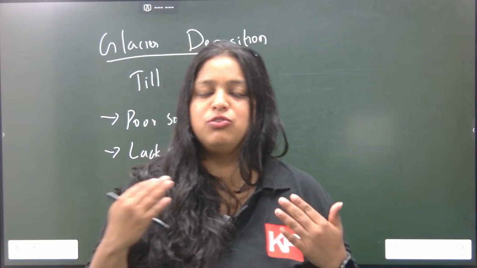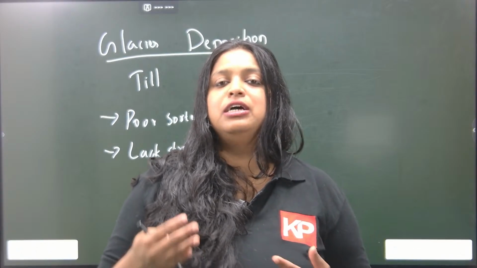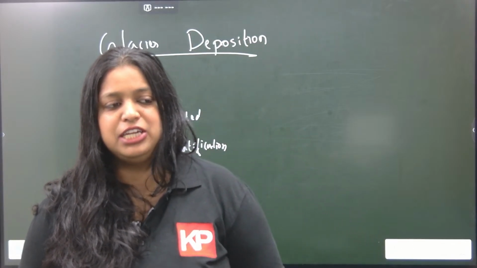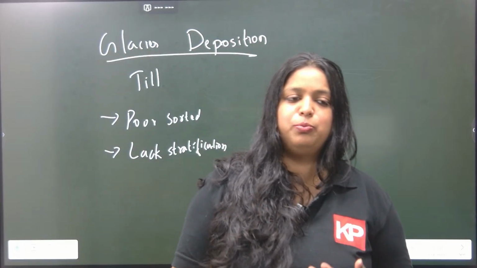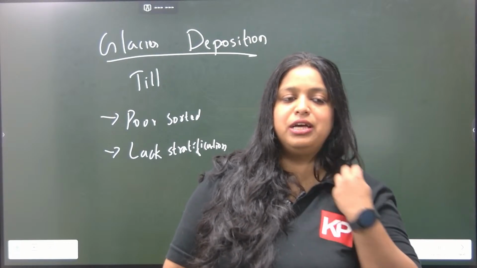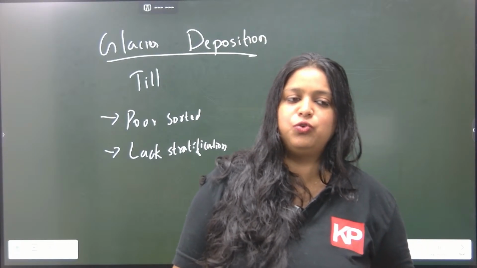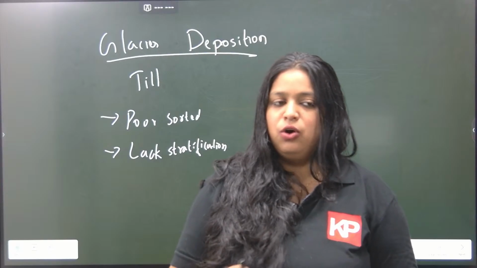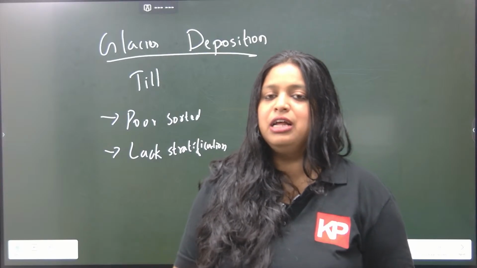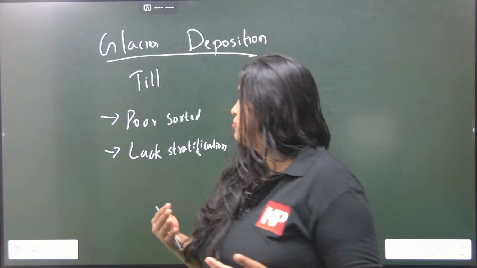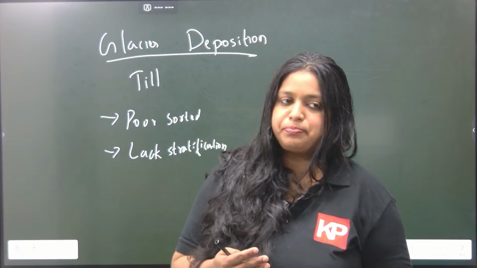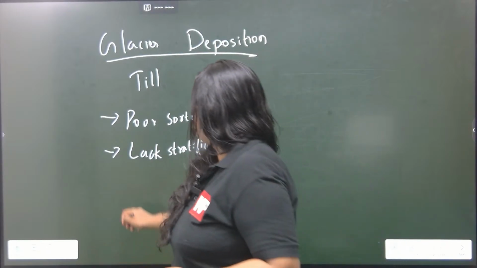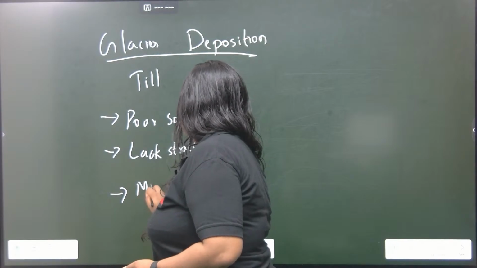If the deposition is only by a glacier event, then there will not be any stratification in the sediments. There will not be graded bedding or laminations. All these stratifications are absent in glacier-deposited till sediment. Then usually we have a mixture of lithologies.